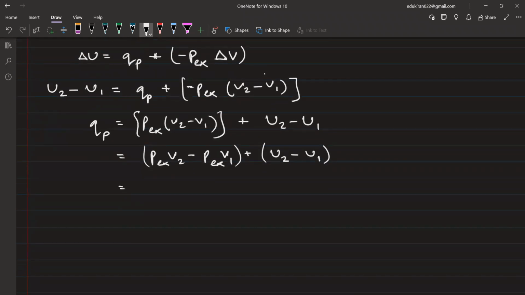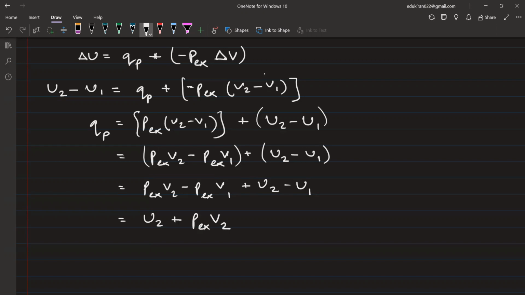Now अब यहाँ पे आपके पास P external into V2 minus P external into V1 plus U2 minus U1. अच्छा, अब यहाँ पे आप देखिए, I can write this as now U2 V2 वाले पे एक जगह ले लेते हैं, तो U2 प्लस है P external into V2.